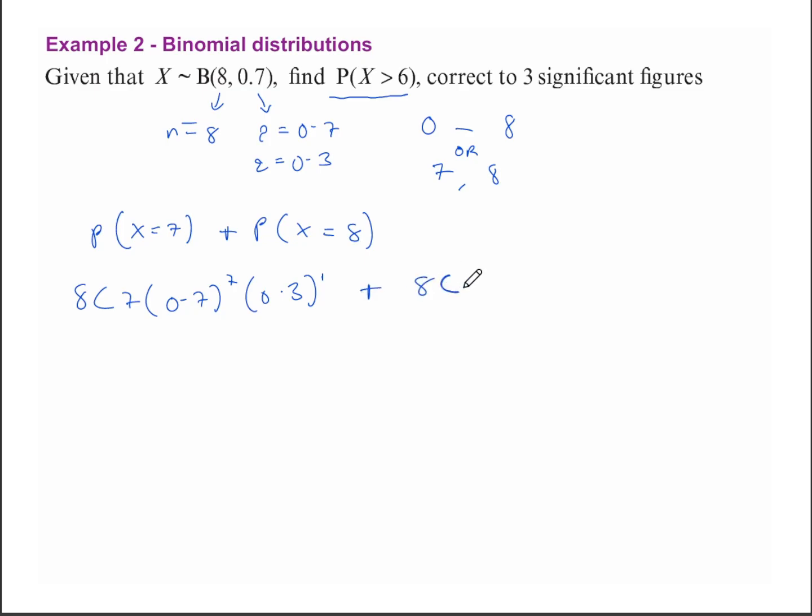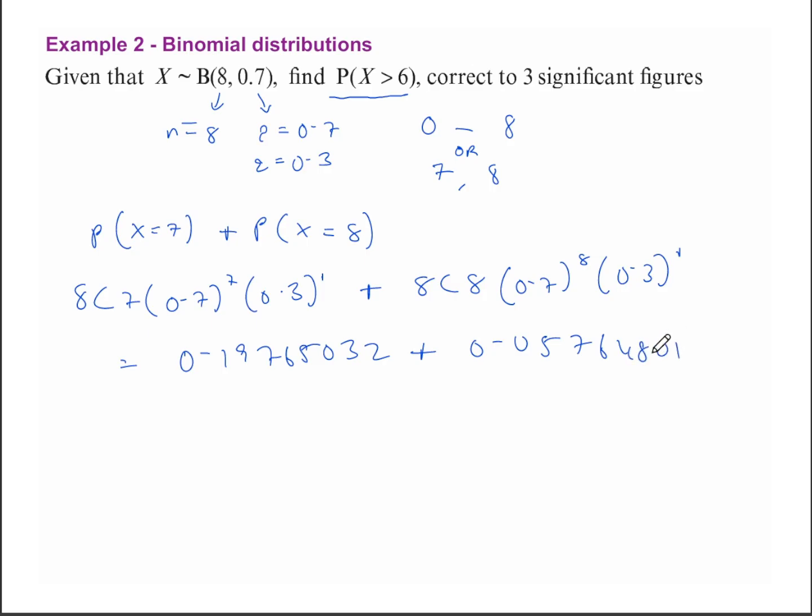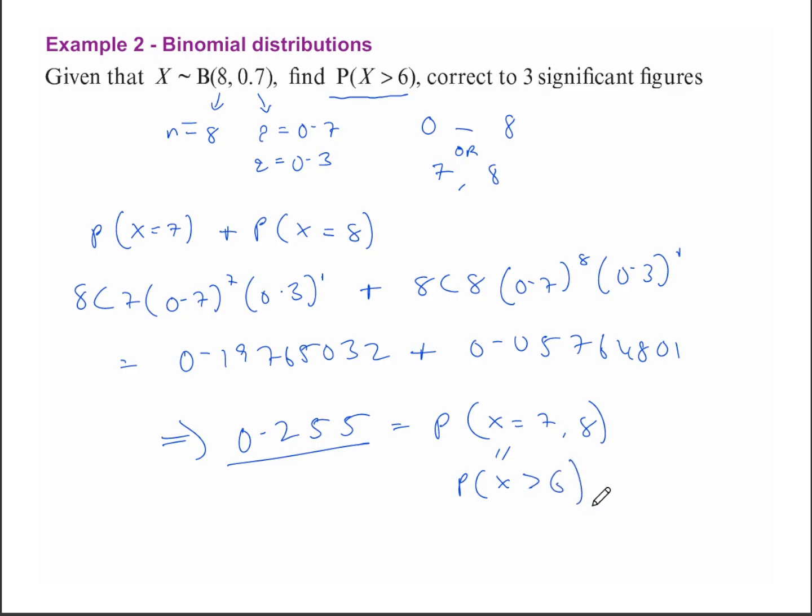Then we add it with 8c8, 8 combination 8 of 0.7 power 8 times 0.3 power 0. This here will give us 0.1976532 added with 0.0576481. Adding these two together, we will get 0.255 to 3 significant figures, which is the probability of getting 7 successes or 8 successes, which is also the probability of getting more than 6 successes.